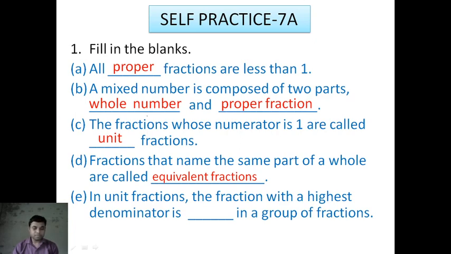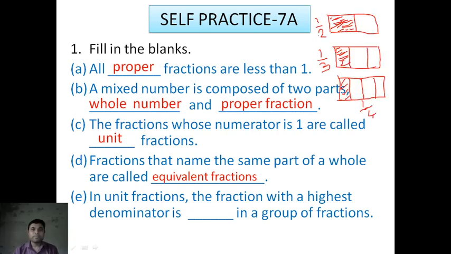Listen. Look, 1 by 2, 1 by 3 and 1 by 4 are all unit fractions, because the numerator is 1, 1, 1. Now whose denominator is highest? Obviously 4 is the highest denominator. But see the shaded part here.